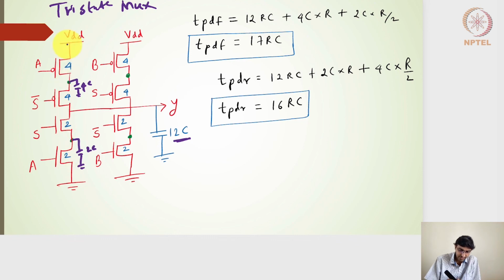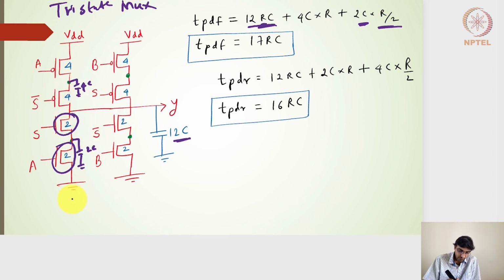But let's say this particular branch is what we are interested in. So for the propagation delay falling, I will have this 12C multiplied by the resistance of R. These transistors will give me a resistance of R. And then this 2C will be multiplied by R by 2. So this 2C multiplied by R by 2 is this one. And then this is 12 RC, which is the output node capacitance multiplied by R.